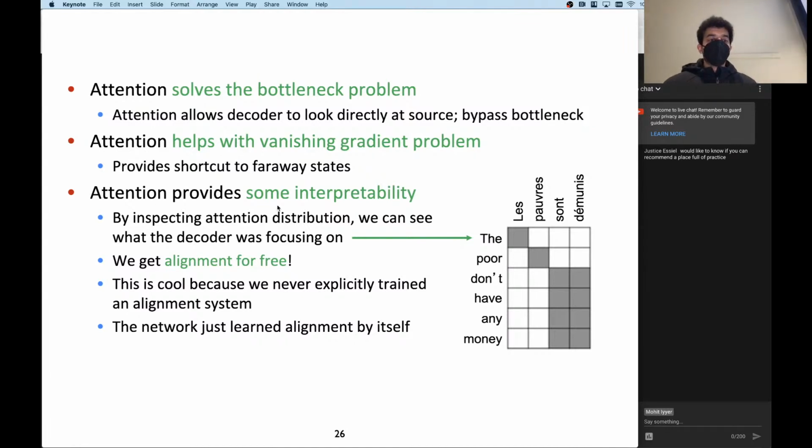The last bullet here, attention provides some interpretability, is a little questionable. It's kind of true in simple networks for tasks like machine translation, where you can look at word alignment and see from the attention scores that this word in English has a high attention score with the same word in French.